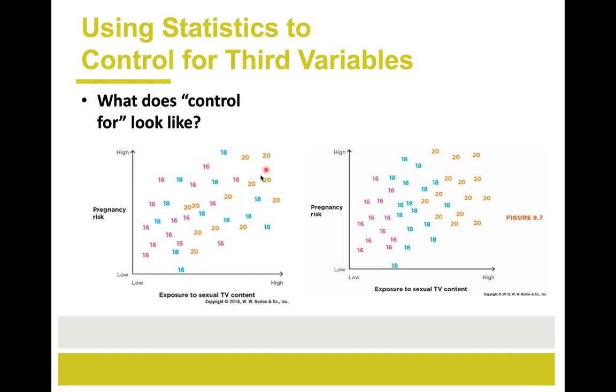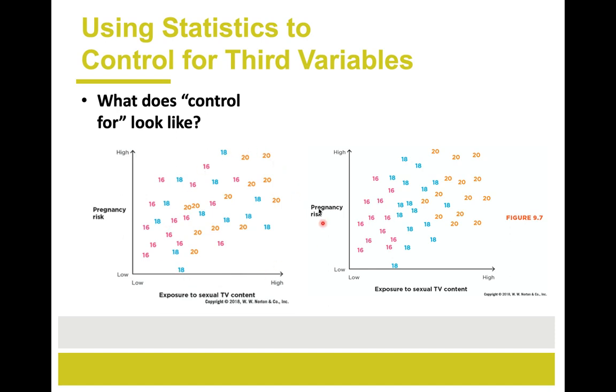And if our results were as such on the left, we would say that age does not matter for this relationship, right? Look at the pattern for the 16-year-olds, it's a positive correlation. The pattern for the 18-year-olds, it's a positive correlation. And the pattern for the 20-year-olds is a positive correlation.